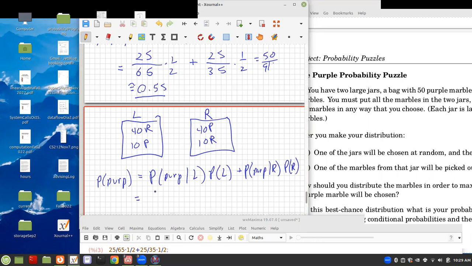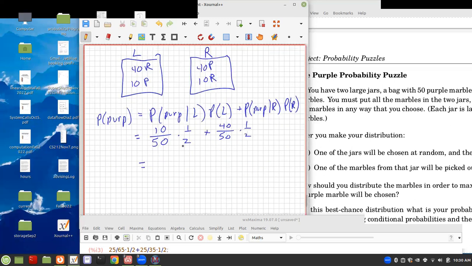It's going to be 10 over 50 times 1/2, because you've got the probability of the intersection, purple and on the left, that's 10, divided by the number on the left, which is 50, plus the probability it's purple on the right, which is 40 over 50 times 1/2.